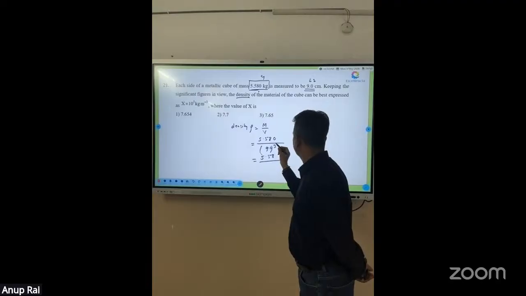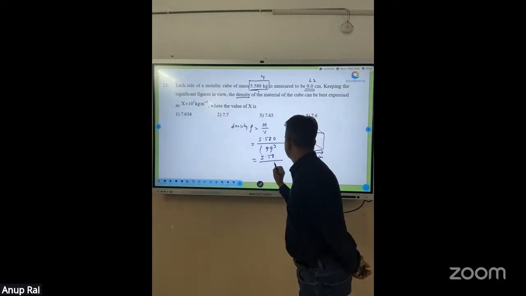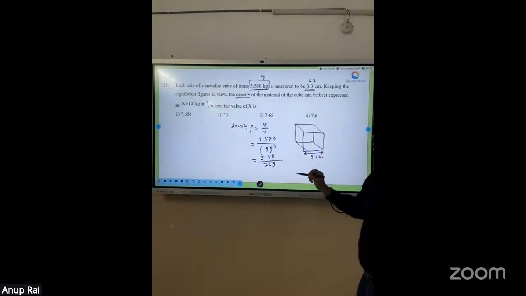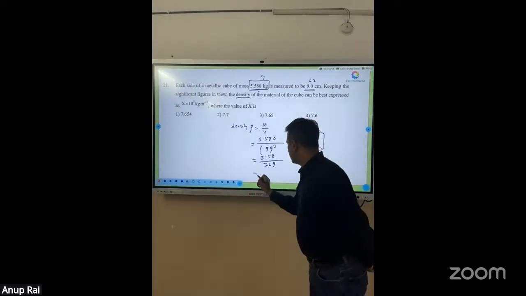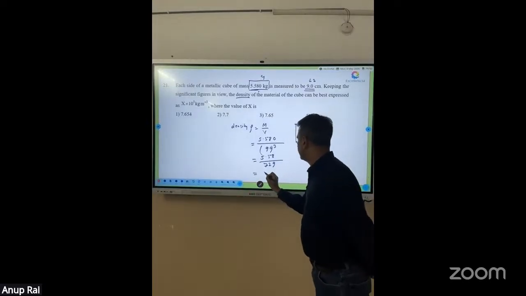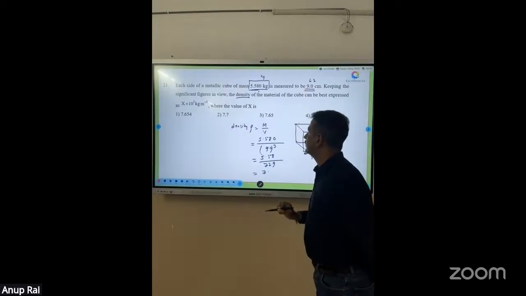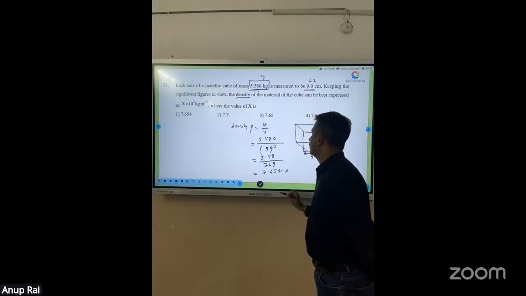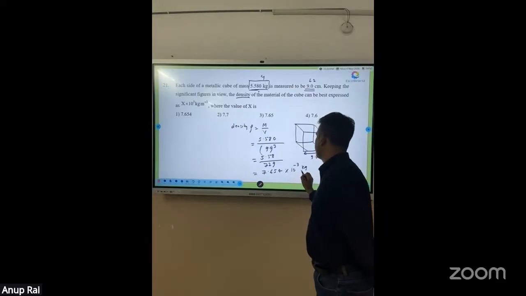If you solve it, it will come like this: 7.654 something into 10 to the power minus 3.